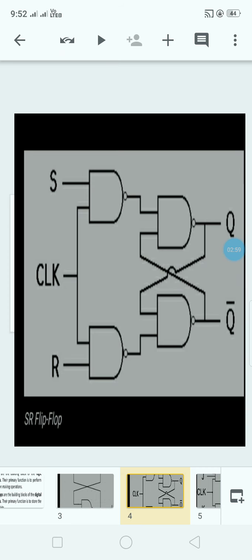Once the outputs are established, the state of the circuit is maintained until S or R goes high or power is turned off. As shown above, it is the simplest and easiest to understand. The two outputs as shown above are the inverse of each other.